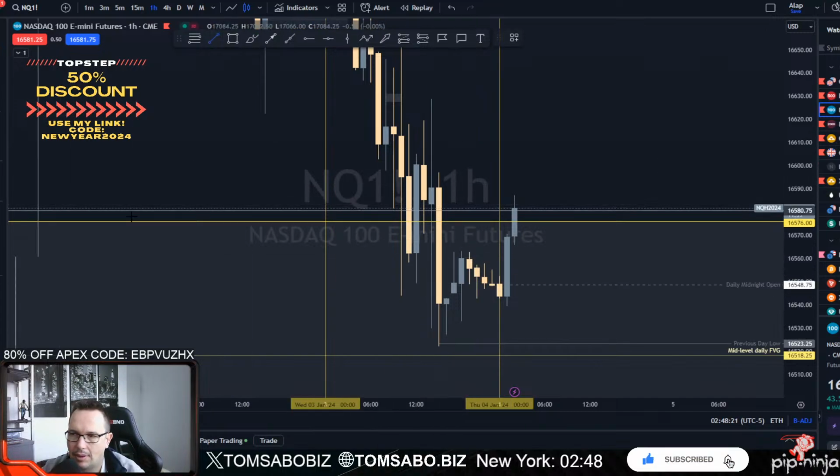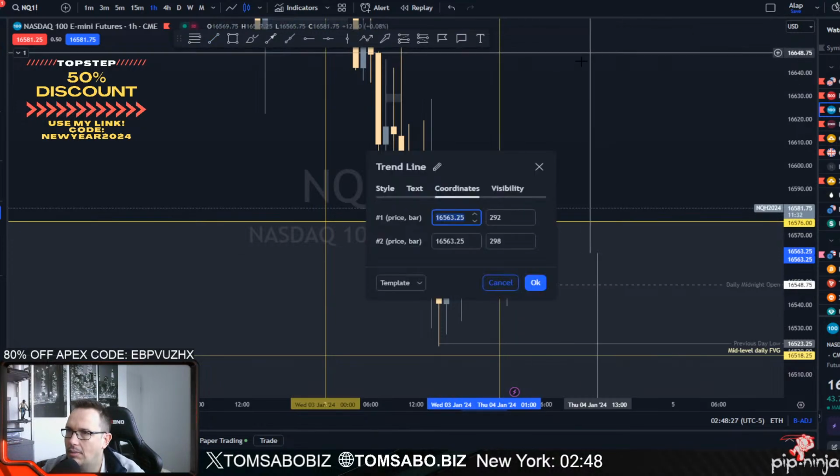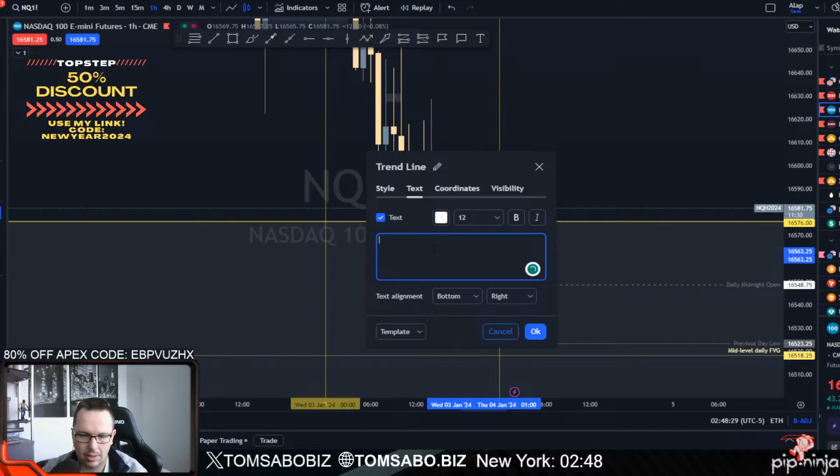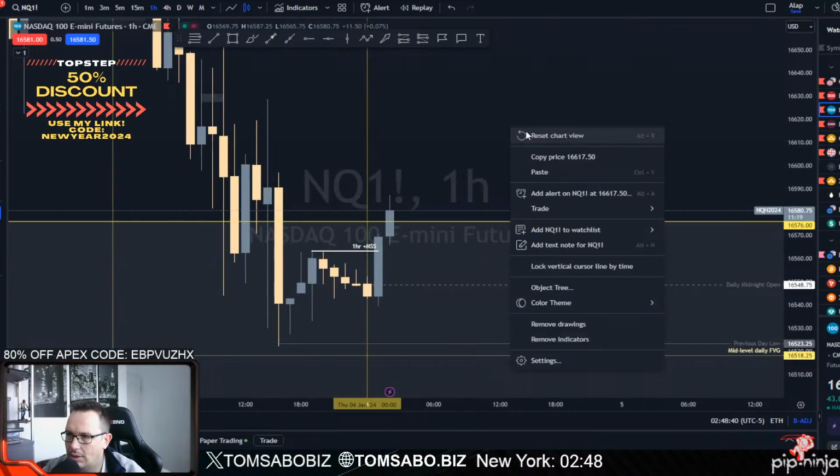And what else do we have? 1 hour market structure shift, bullish market structure shift.